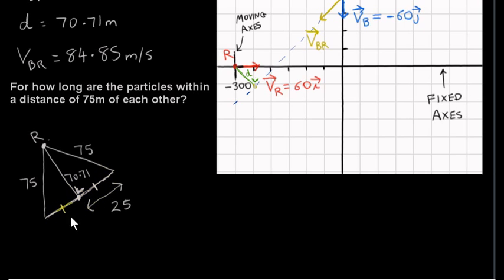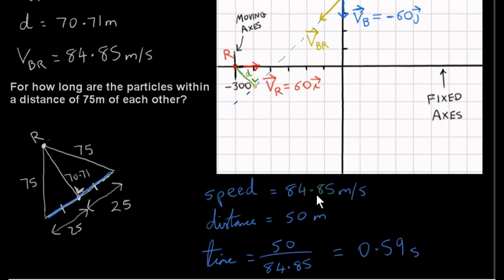This is 25, I didn't expect that, and this distance here is 25 as well. So this distance here is 50. So now, just like before, we know the speed of B relative to R is 84.85. This time the distance is 50 meters. Time is distance over speed. We get 0.59 seconds.